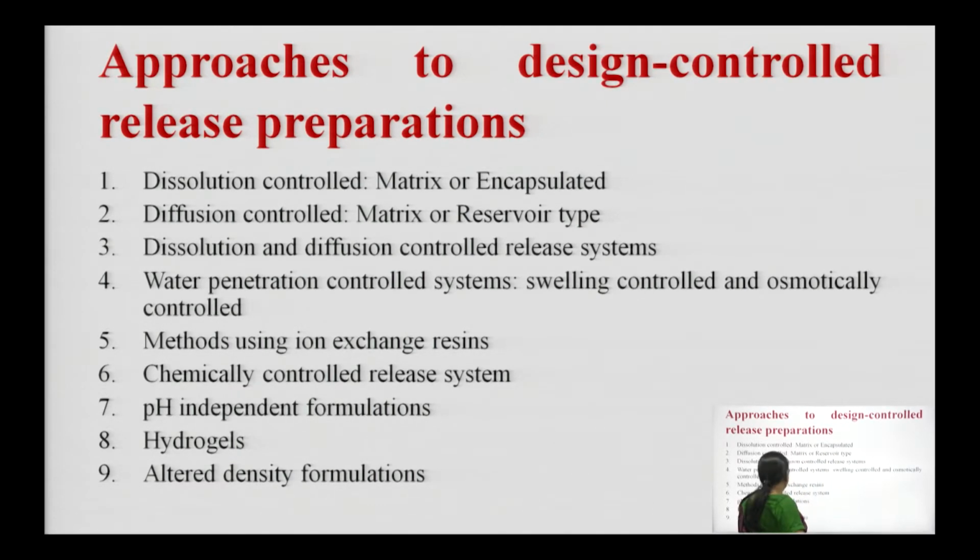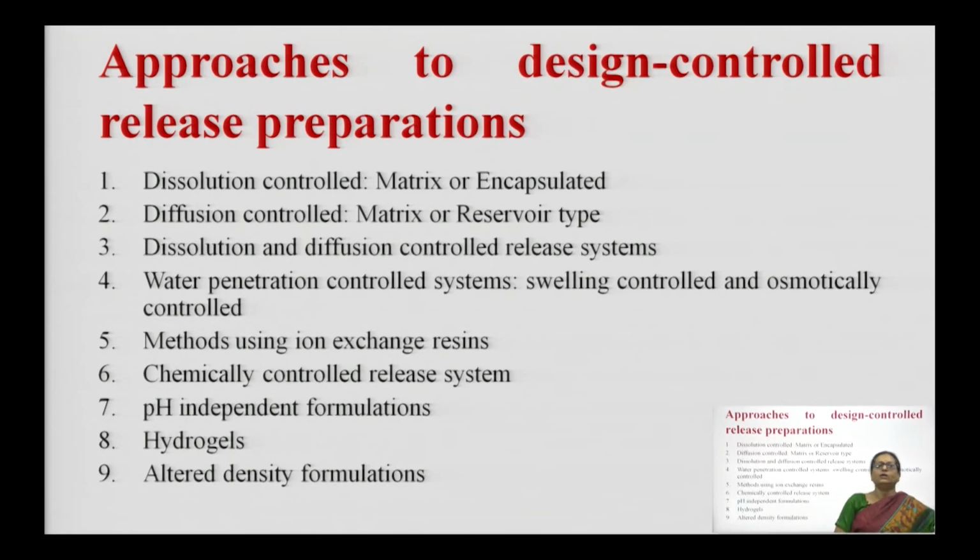Another type of controlled drug delivery systems are the hydrogel preparations. These hydrogels are basically such polymers which will form gel when in contact with body fluids, and these gels, due to extensive cross linkage, will slow down the drug release when inside the body. Lastly, we have altered density formulations.